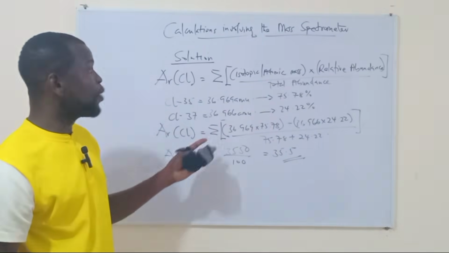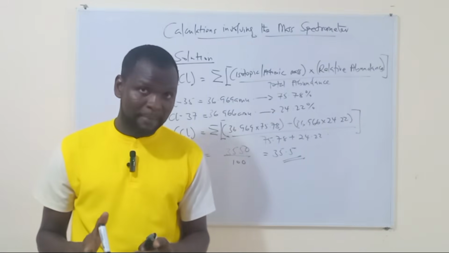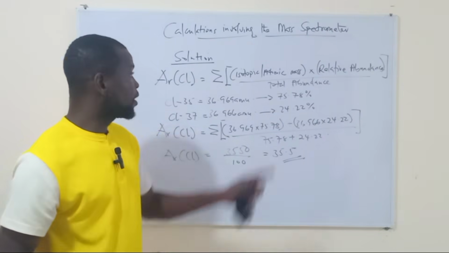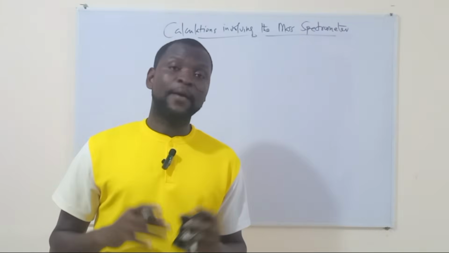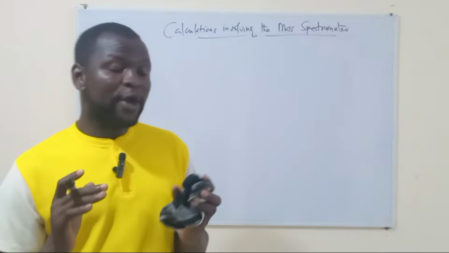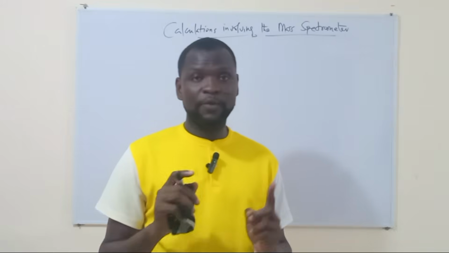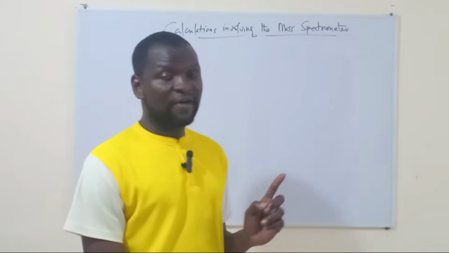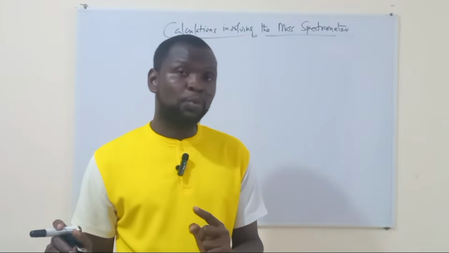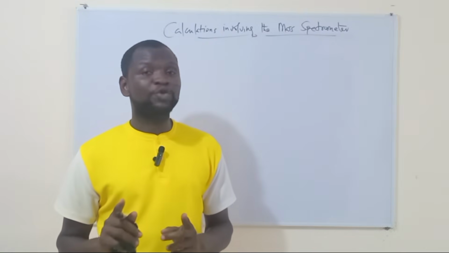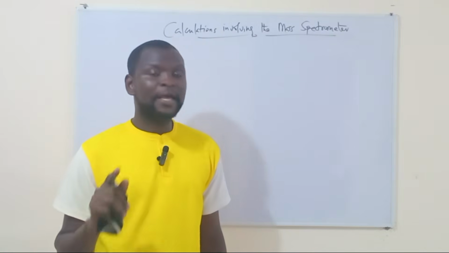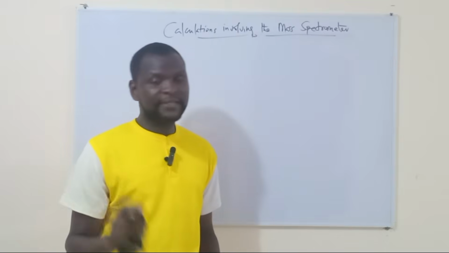So this is a question where we know both isotopic mass and atomic mass. In our example 2, we are going to look at how to calculate the relative atomic mass of an element when we are given only the isotopic mass but not an atomic mass. Let's take the example.